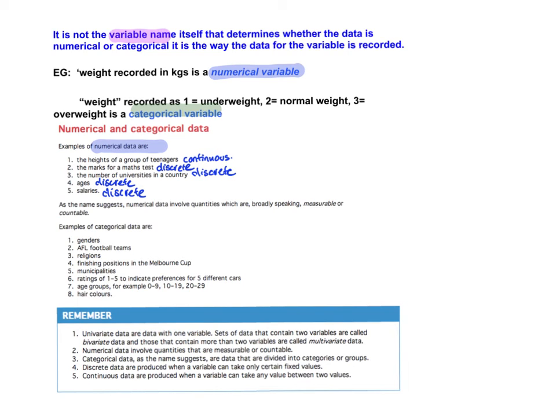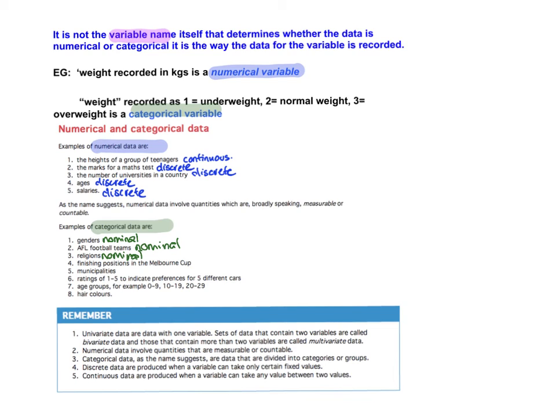Now if we look at these categorical ones. Gender, whether you're male or female, is very common categorical data in a survey, and that one is nominal. There's no ranking. AFL football teams, nominal, even though we like to think the Lions are the best. Religions, nominal.